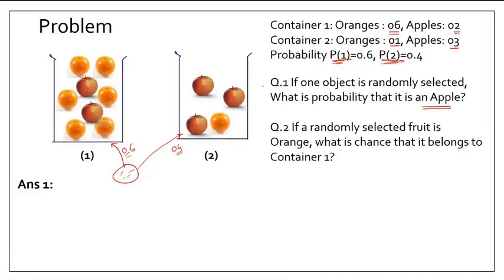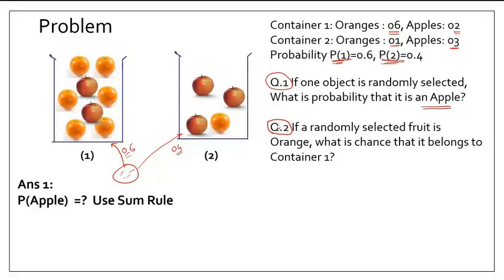So these are two problems you have to solve, and this will clear your basics about posterior and likelihood. Now let us try to solve question number 1. If one object is randomly selected, what is the probability that it is an apple? We are not caring about which container it is coming from, but I am just interested in what is the chance that it will be an apple.